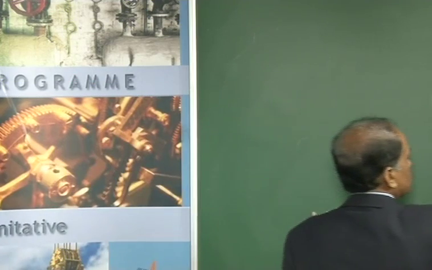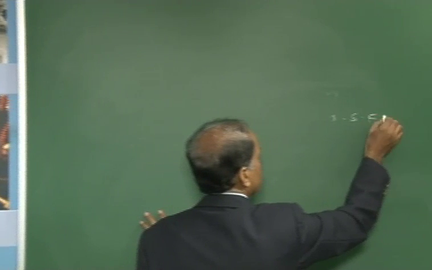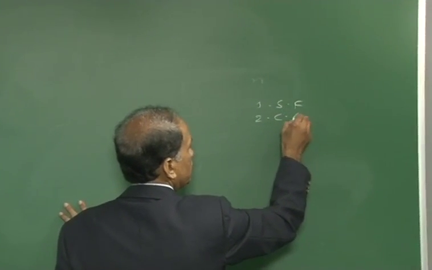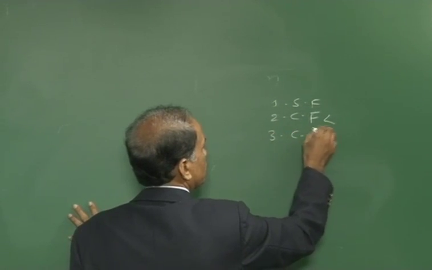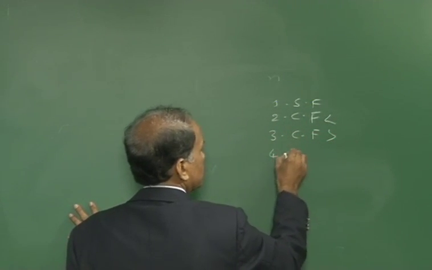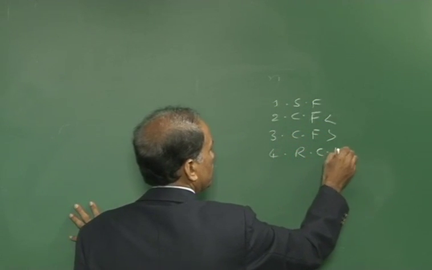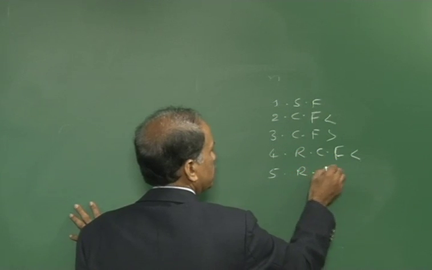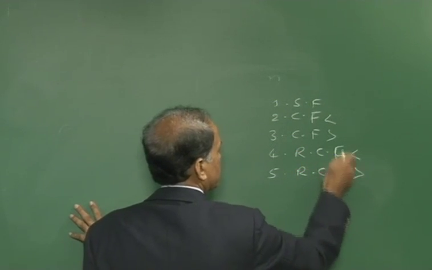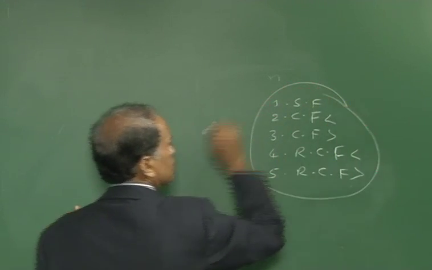One is simple frequency, second is cumulative frequency less than, third is cumulative frequency greater than, next is relative cumulative frequency less than, and fifth is relative cumulative frequency greater than.